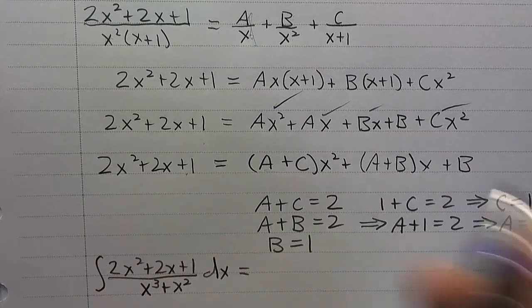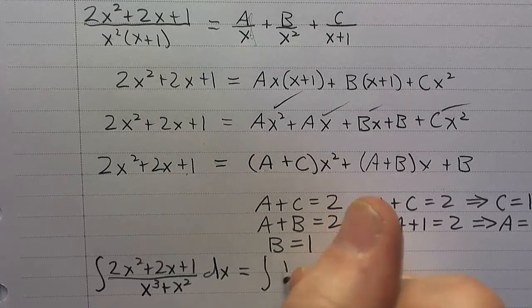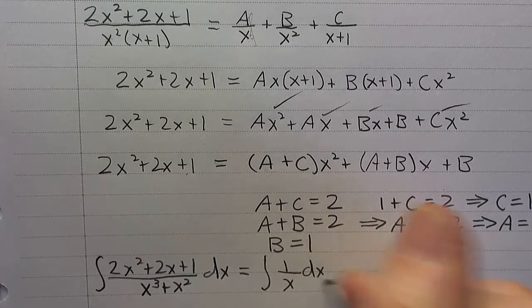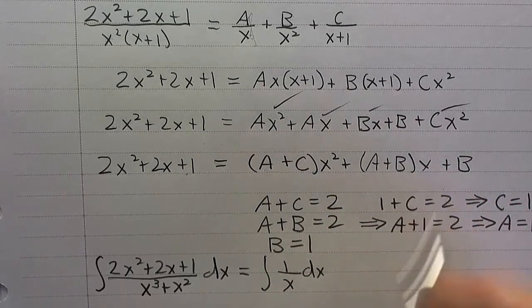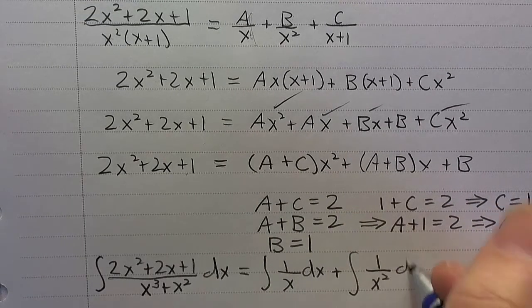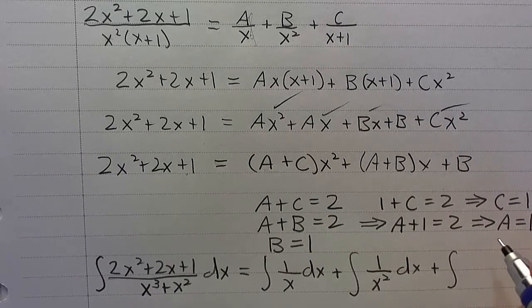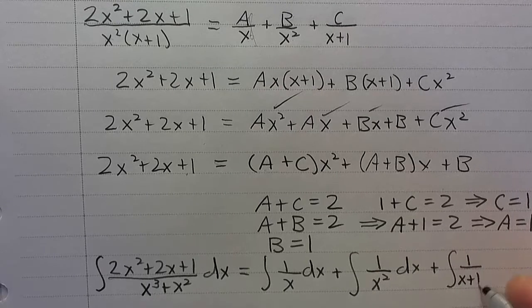We can rewrite that as, it was a over x, so that's 1 over x dx, plus b, 1 over x squared dx, and then plus c, and c was 1, so we've got 1 over x plus 1 dx.